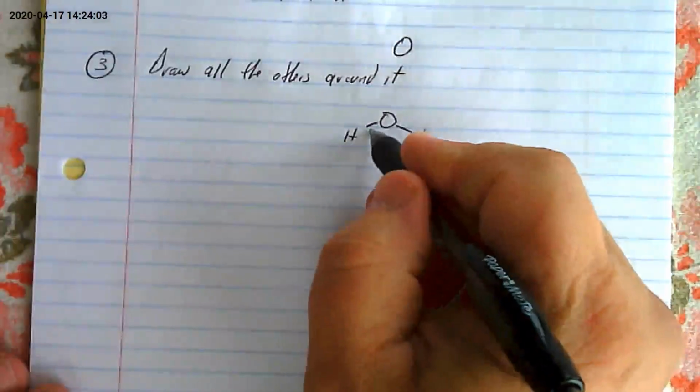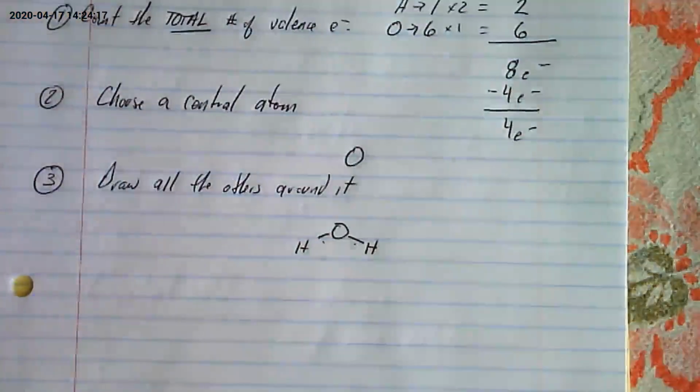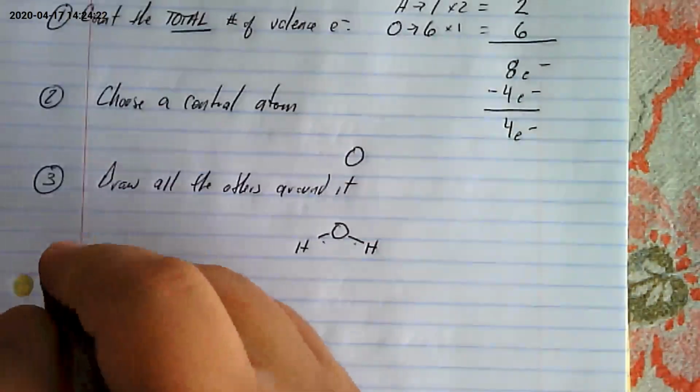3, draw all the others around it. So we have the central atom, which is oxygen. Now we're going to draw around it H and H. Now you'll notice I used a line to connect the H to the O. Each line, if you remember, is 2 electrons.